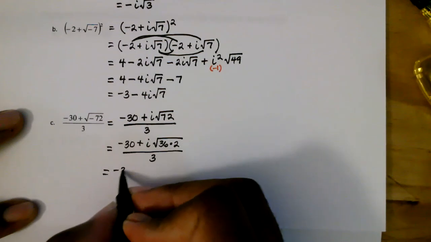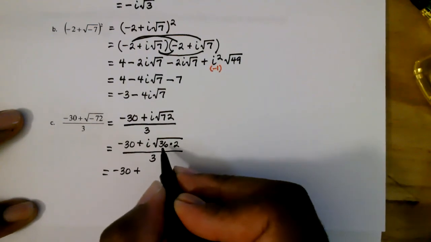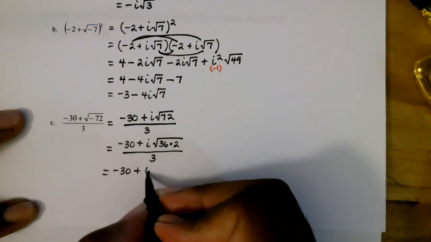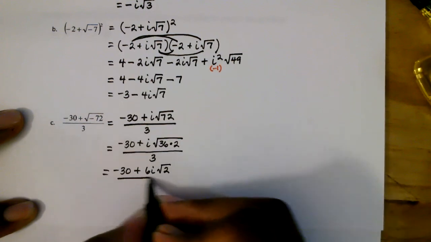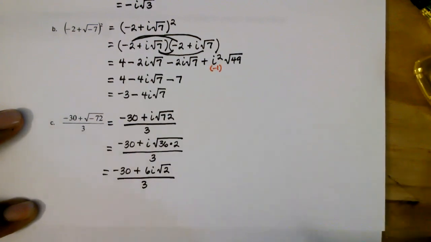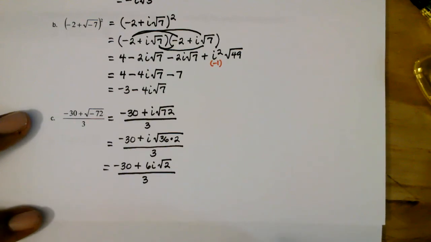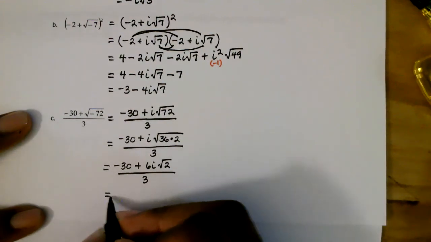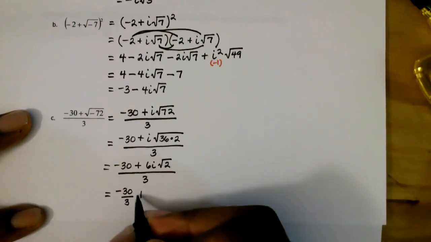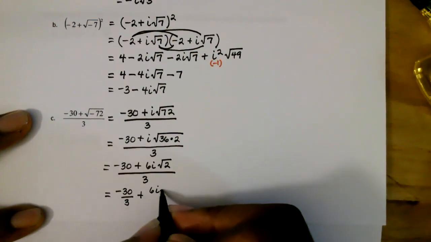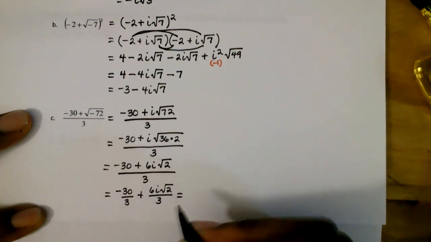All right, so next will be negative 30 plus the square root of 36 is 6. So I can pull the 6 out in front of the i. The square root of 2, that 2 has to stay underneath that radical. That's going to be divided by 3. But in this case here, we can simplify this by taking negative 30 divided by 3 plus 6i square root of 2, that's divided by 3.